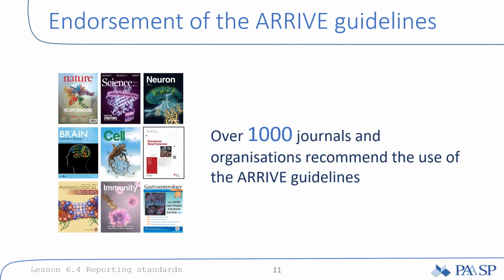The ARRIVE guidelines had some success over the following years after they had been introduced, meaning that by now over 1,000 journals indeed recommend the use of the ARRIVE guidelines before submitting a manuscript, and more than 40,000 copies were requested and read in over 50 different countries.